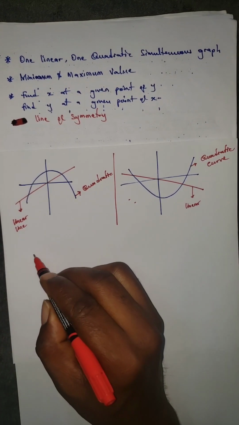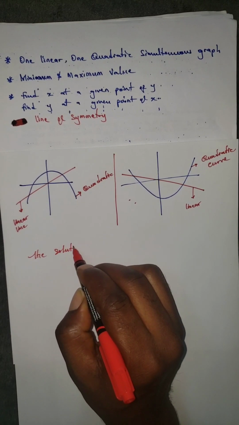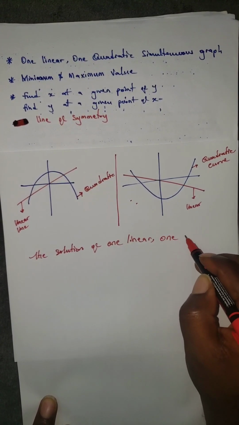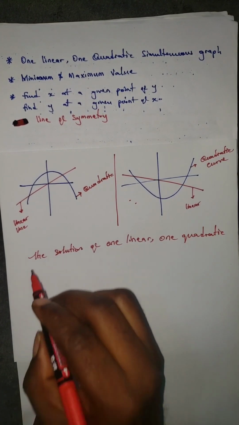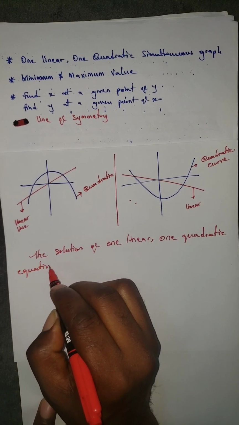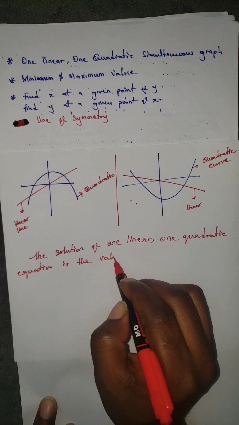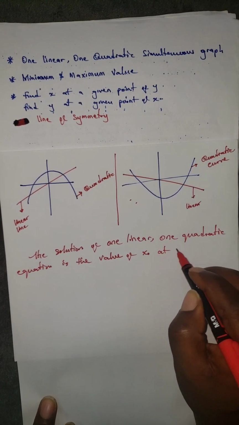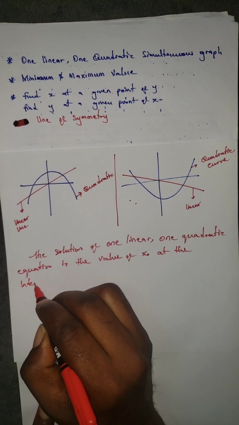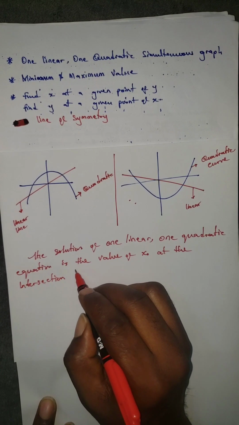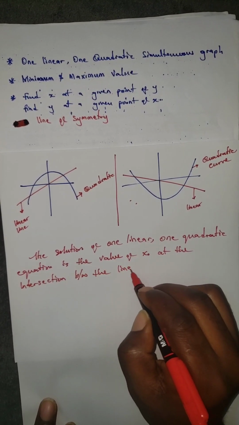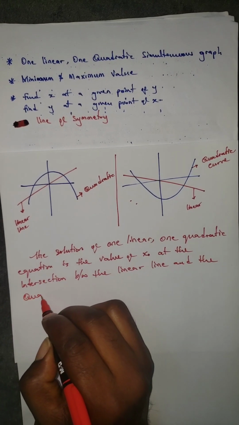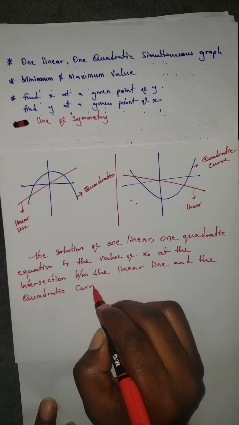It is very simple. The solution of one linear, one quadratic equation is the value of x at the intersection between the linear line and the quadratic curve.